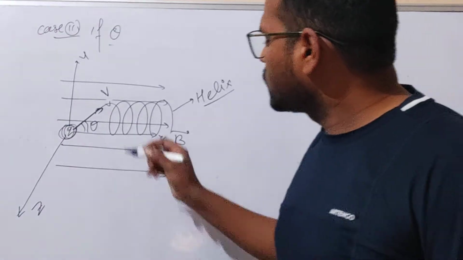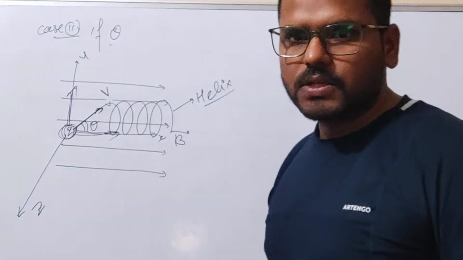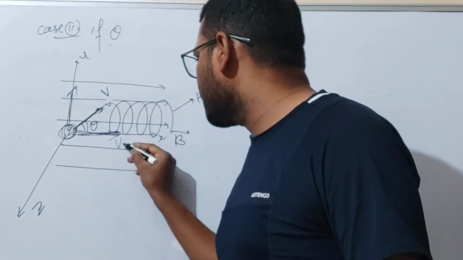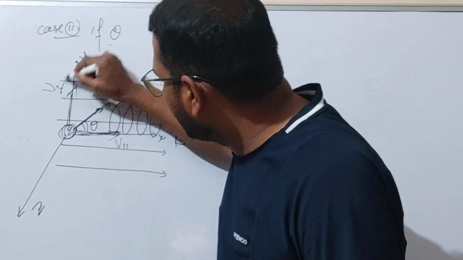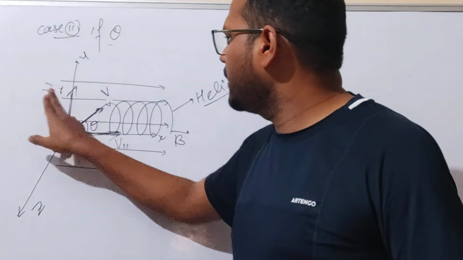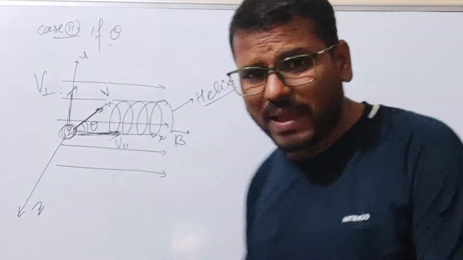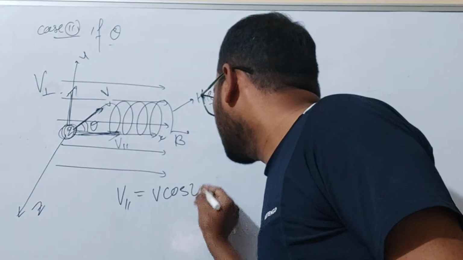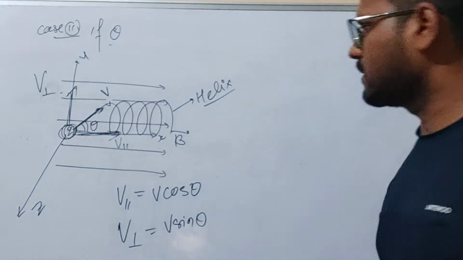So I am going to split this velocity into two components: a parallel component, parallel to the magnetic field, and a perpendicular component, perpendicular to the magnetic field. The parallel velocity is v cos theta and the perpendicular velocity component is v sin theta.